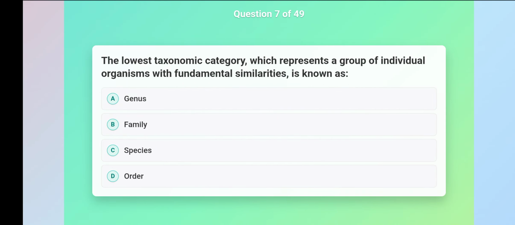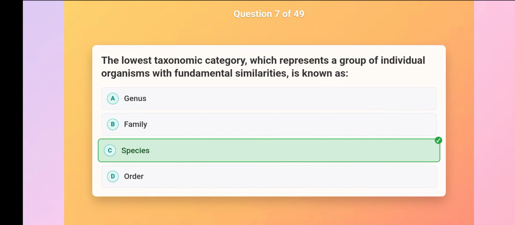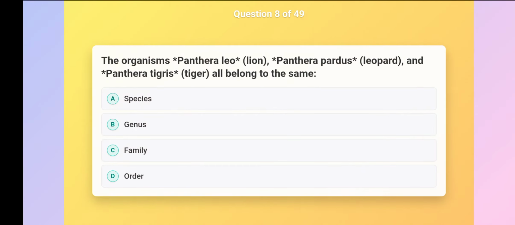The lowest taxonomic category, which represents a group of individual organisms with fundamental similarities, is known as species. The organisms Panthera leo, lion, Panthera pardus, leopard, and Panthera tigris, tiger, all belong to the same genus.